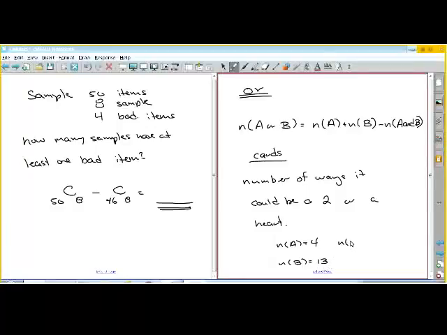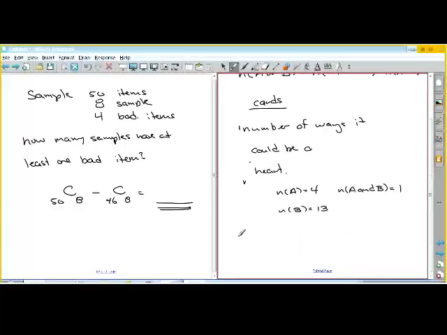Then you ask the question of, where do I have cards that are both hearts and 2s? And the answer is yes, there's one of those. There is a 2 of hearts. So to answer the OR question, the number of ways it could be a 2 or a heart, you take 4, N of A, plus 13, which is N of B, subtract off the one where you had both, and you do the math, you get 16.